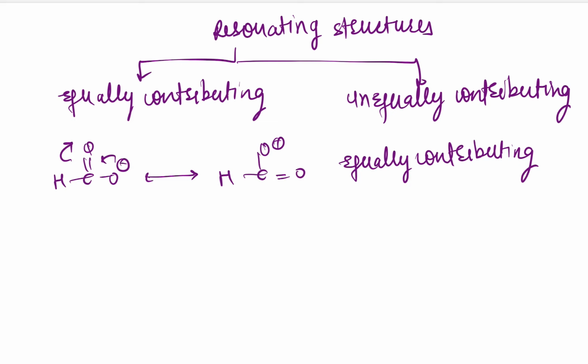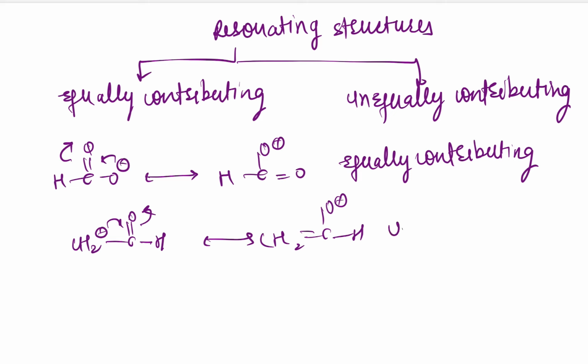But when we talk about CH2 negative C double bond O CH3, in this case we can write it with a hydrogen to compare it very well. So in that case, CH2 double bond C O negative then H, that is unequally contributing.